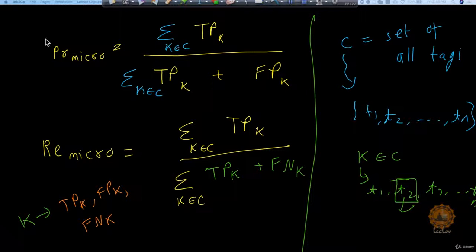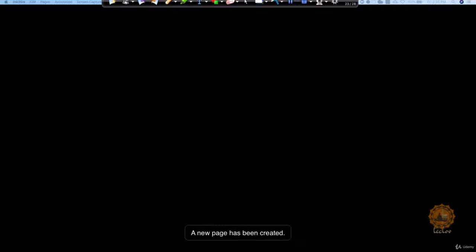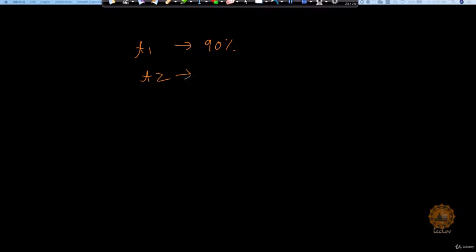Now, while doing this, there is a very interesting property which also comes up. Let's say I have a T1 tag which occurs 90% of the time. Similarly, I have a T2 tag which occurs only 1% of the time, and a T3 tag which occurs 80% of the time. You can notice that T2 is going to be very few.